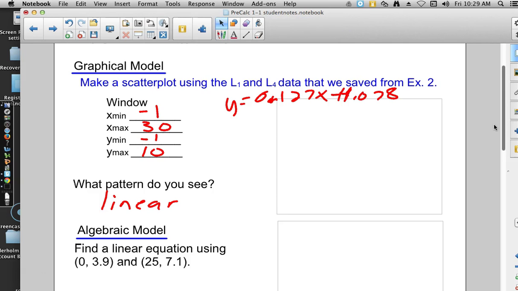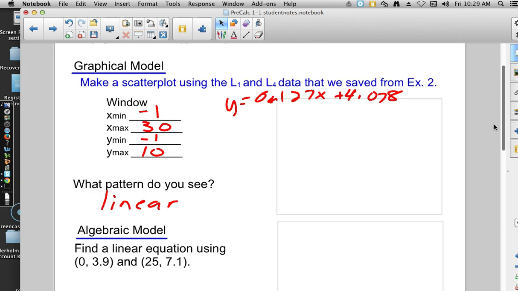So now, if we want to see that, we're going to go into y equals and punch that in to see just how good a line of best fit it is. Again, not going to be perfect.